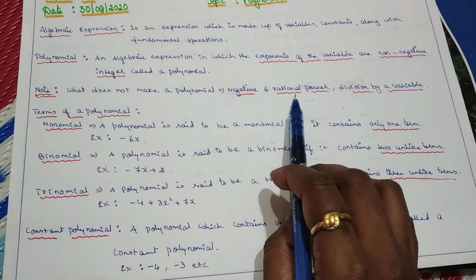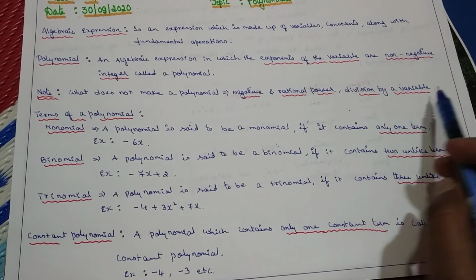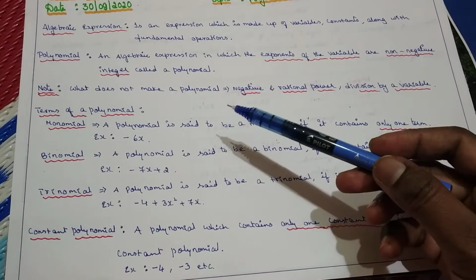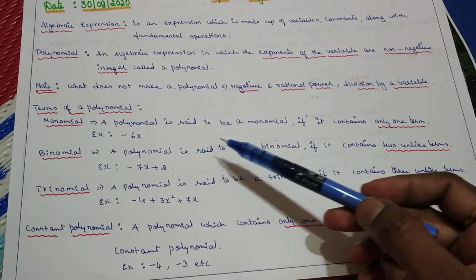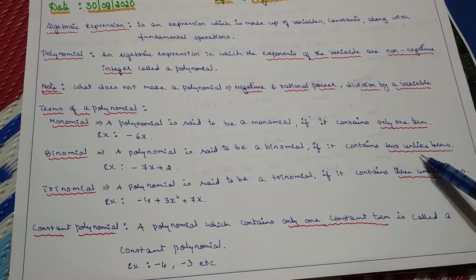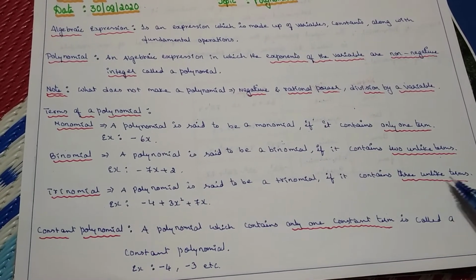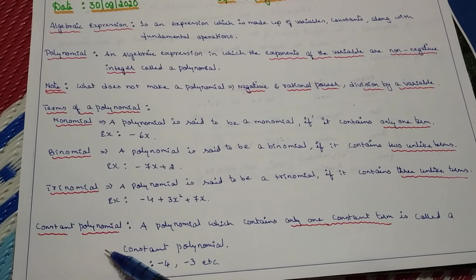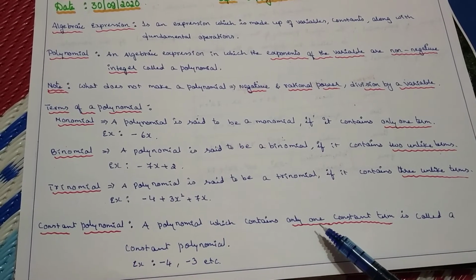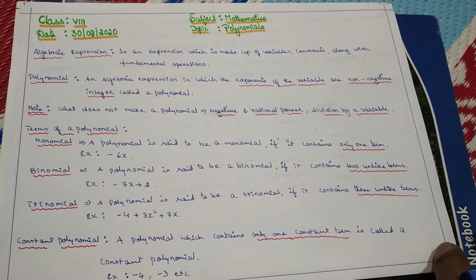Negative and rational powers, or division by a variable. The next is terms of a polynomial. Monomial has only one term. Binomial contains two terms, that too unlike terms. Trinomial has three unlike terms. Then comes constant polynomial, meaning only one constant term in a polynomial.